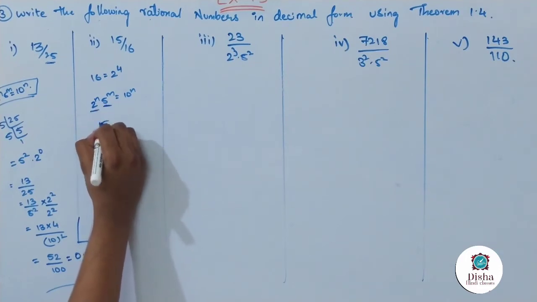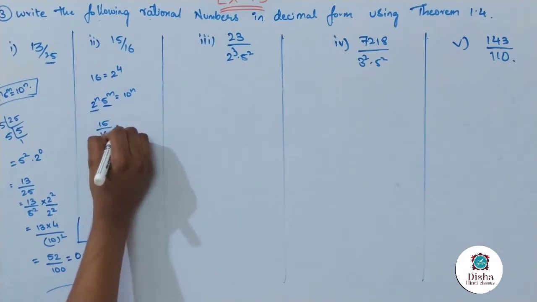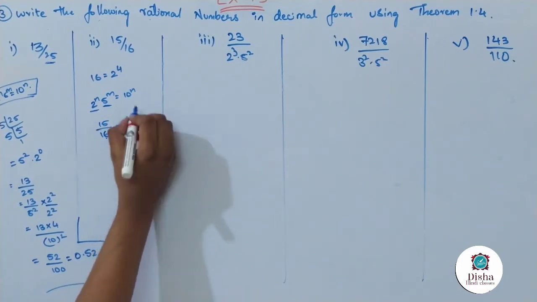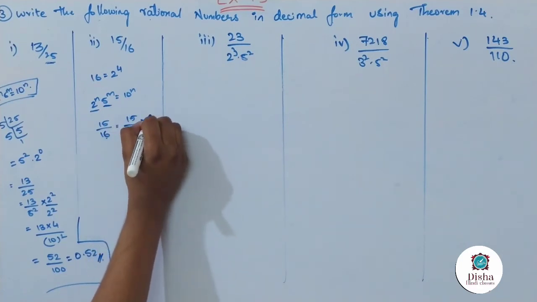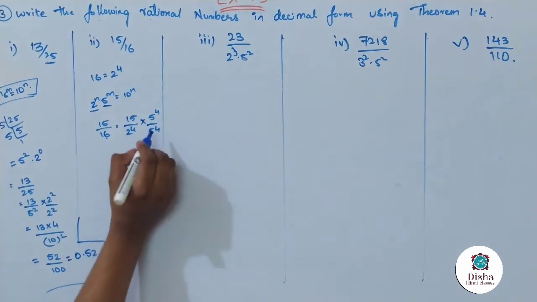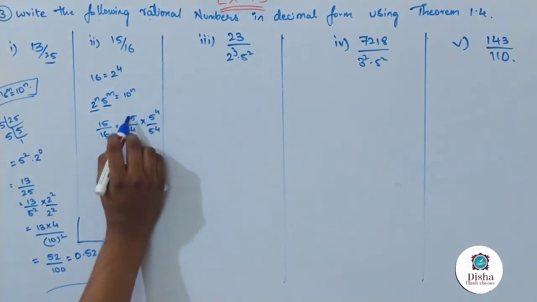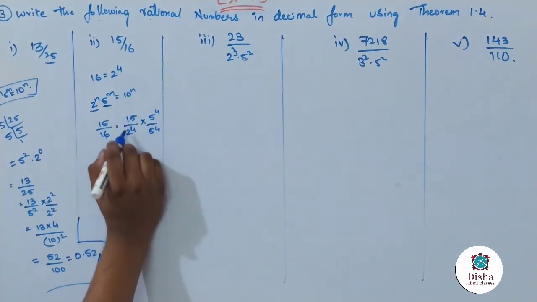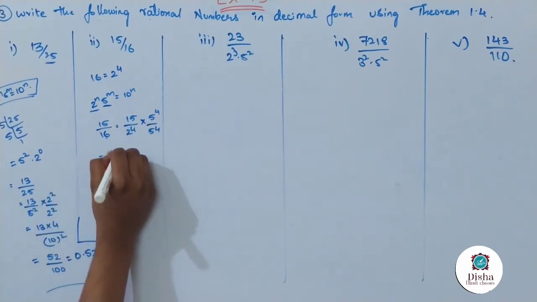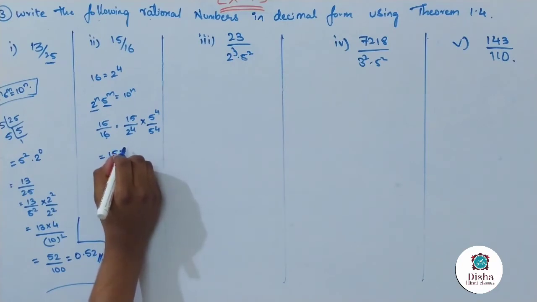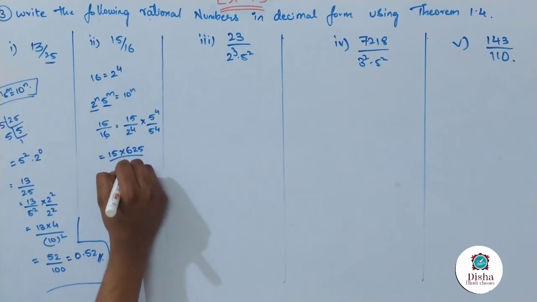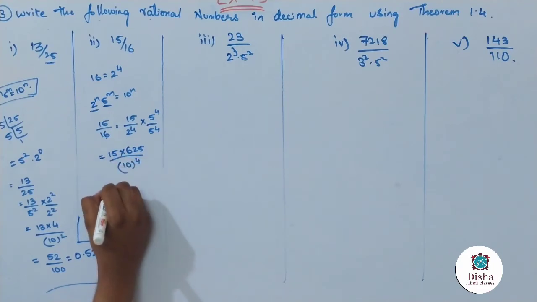So what we do, 15 by 16 equals 15 by 2 power 4, that is 16, multiplied by 5 power 4 by 5 power 4. If you divide this, you get again the same 15 by 16, and if you multiply, you get the answer to this question. So 15 into 625 gets divided by 10 power 4.